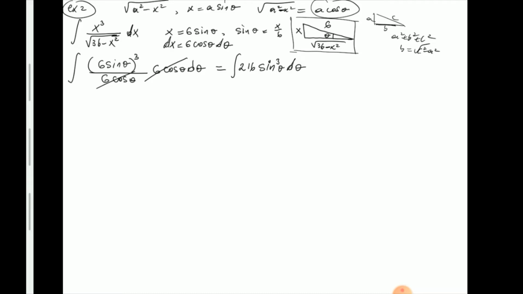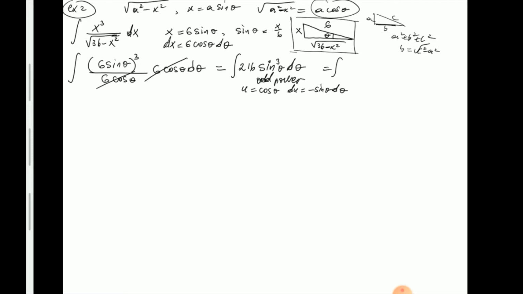We have sine to an odd power. If there was another cosine here hanging around, that would have been the same case, right? So remember, if you have sine with an odd power, the idea is to make the substitution u equals cosine of theta, and then du becomes minus sine of theta d theta.